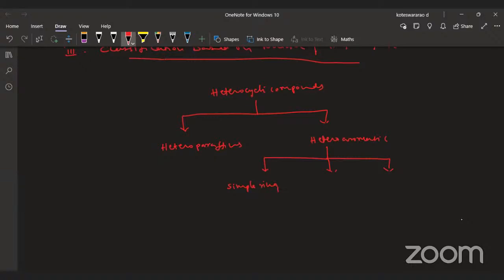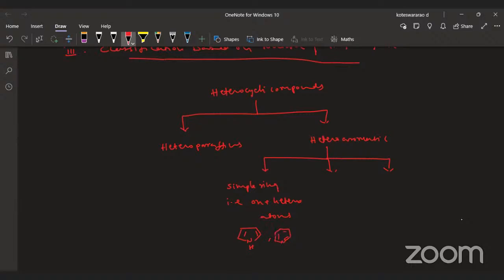That is, one heteroatom. For example, benzene is an aromatic and one heteroatom makes it a simple ring heteroatom system. Or you can take pyridine.